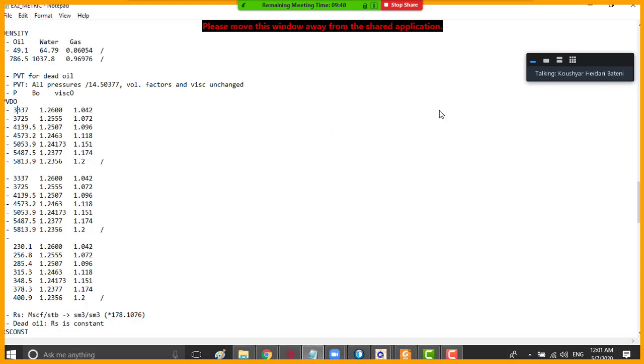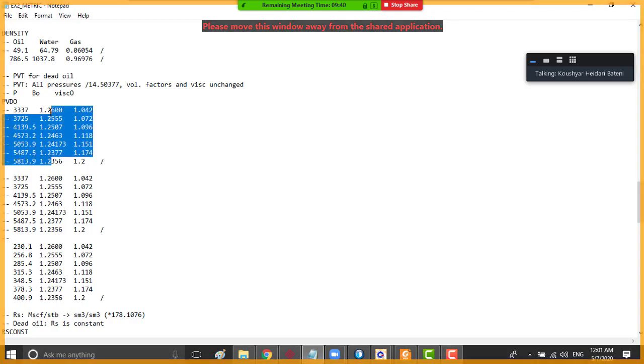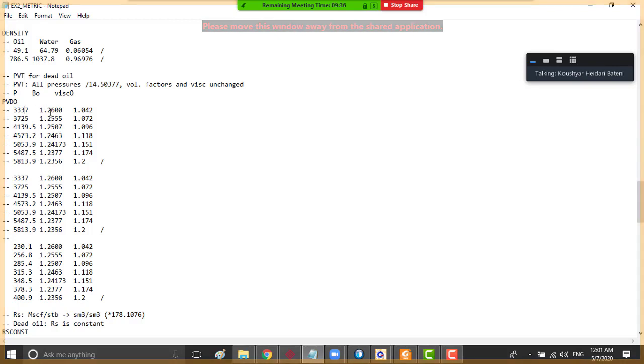So as you expect, the formation volume factor for oil drops by increasing the pressure, right? It has started with 1.26, 1.25, and it has decreased to 1.23, right?